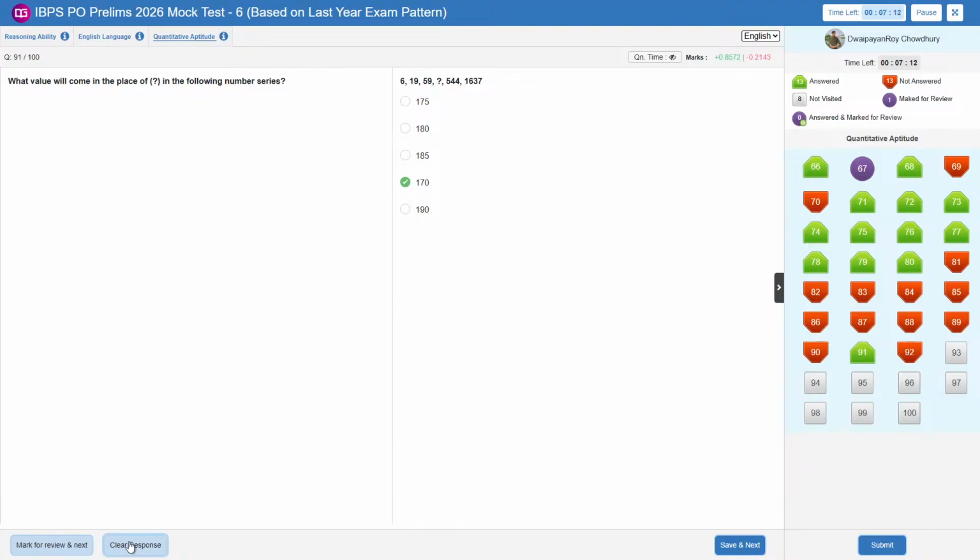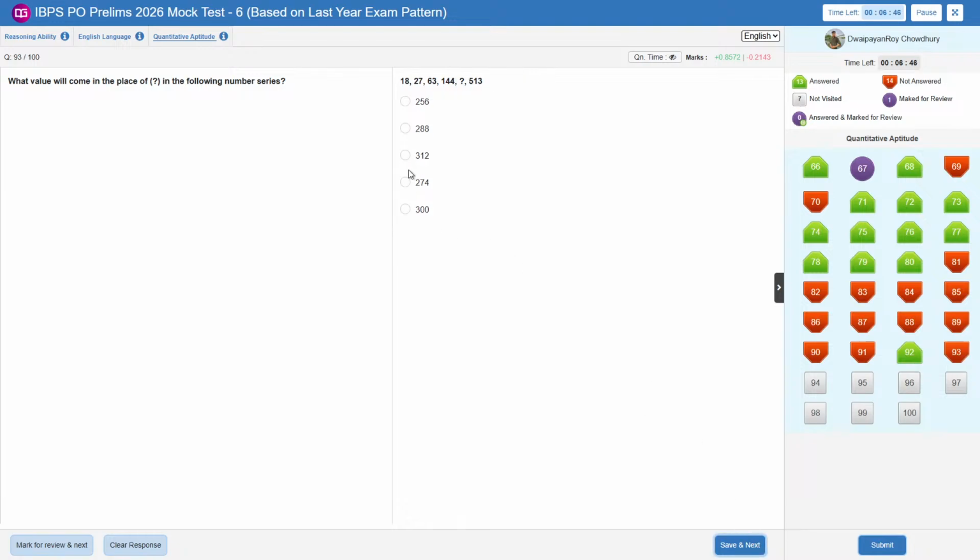So not this pattern, I guess. 1, 2, okay. Definitely 0.75 will come, but so 2, 2.5, again 2.5, again 2.5 would be 18 point this.